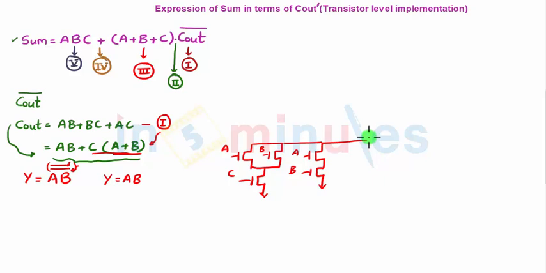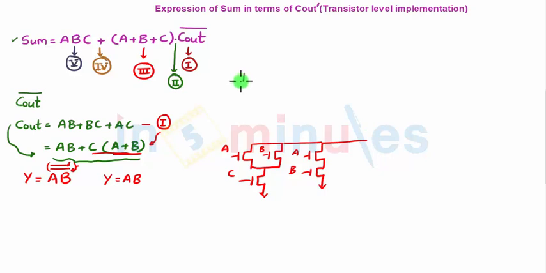We also know that an adder is a symmetric circuit. A symmetric circuit means the pull down will be exactly the same as my pull up, or my pull up will be exactly the same as my pull down. Again, we have seen this in the previous clips. Let's quickly do that.